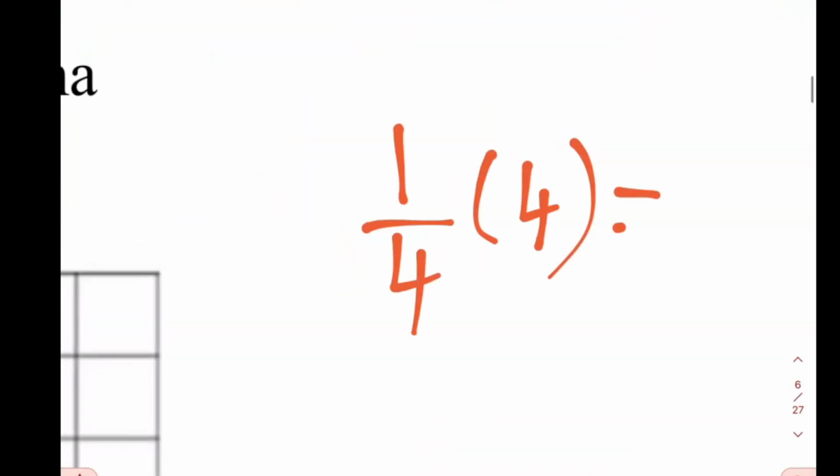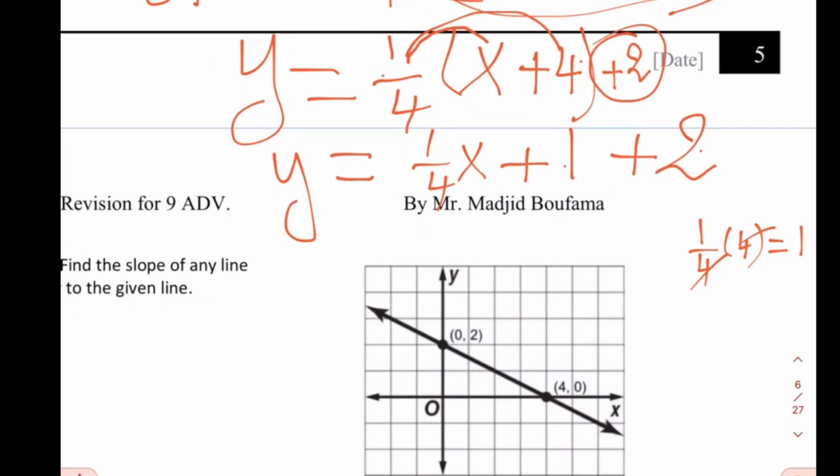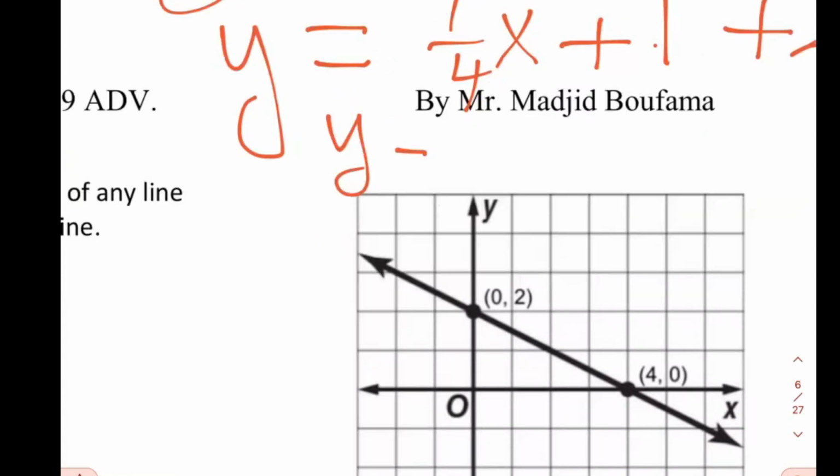This is exactly 1. If you don't know how to calculate this, just simplify the 4 and you get 1. Or use a calculator. So plus 1, plus that 2, don't forget it. And then 1 plus 2 is 3. So you get your equation in the form y equals 1 over 4 x plus 3.